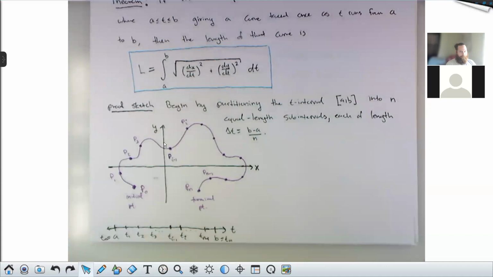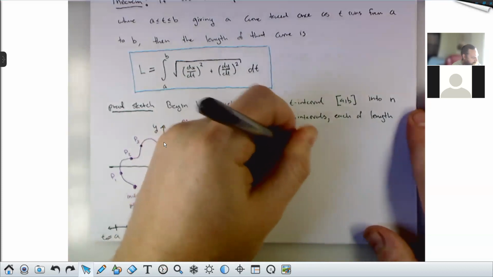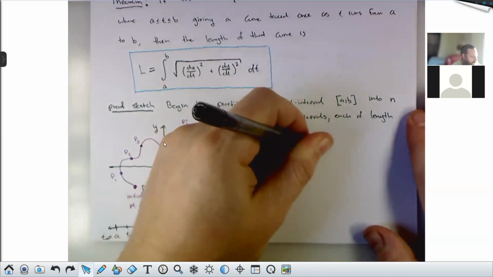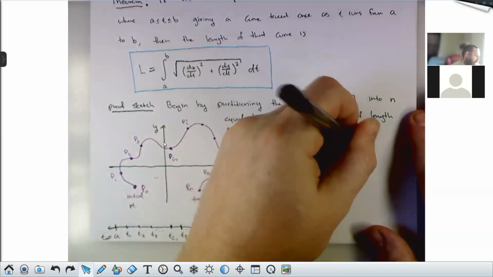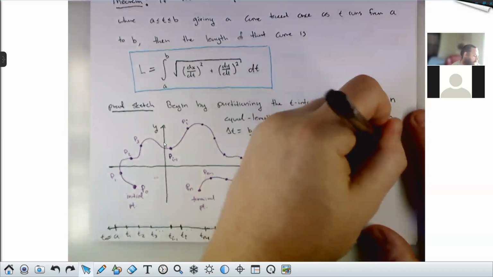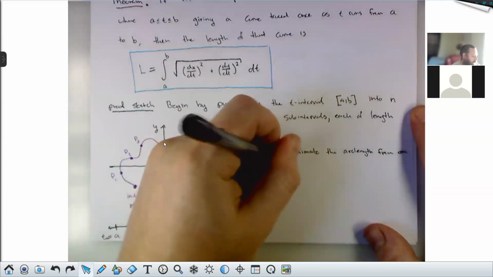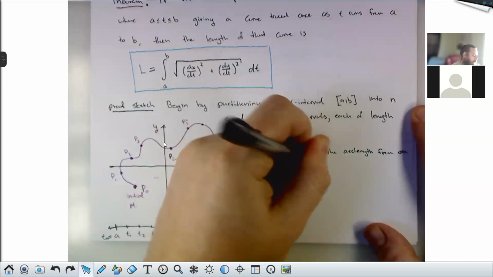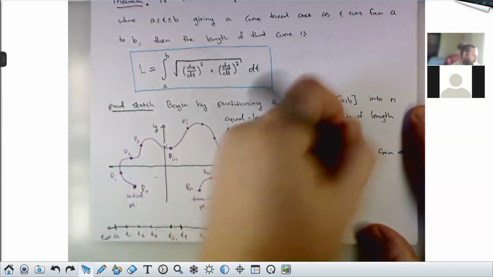Then what we do is we approximate the arc length from one point to the next with straight lines.